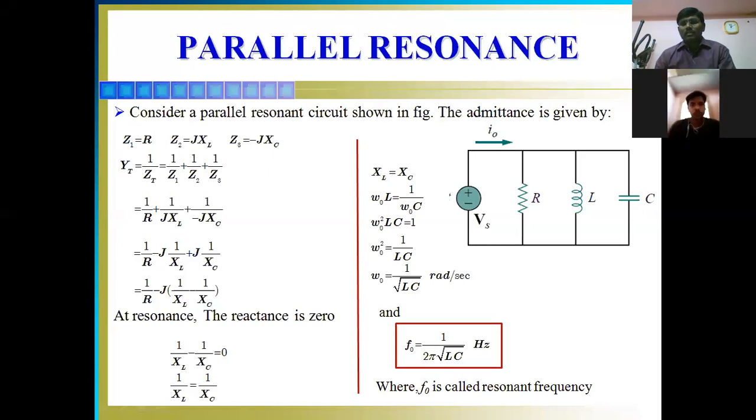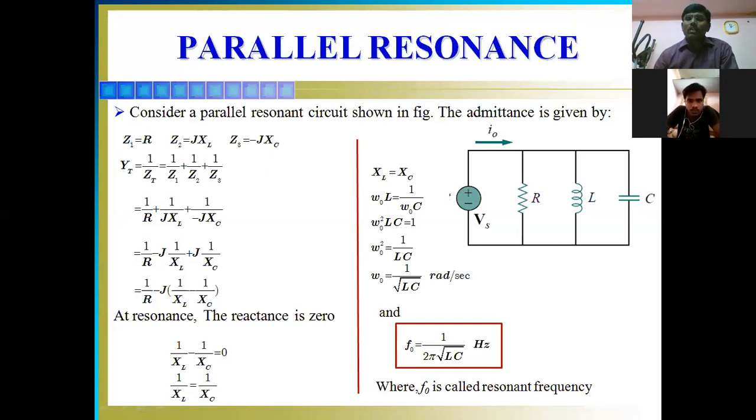In the last class, we discussed one type of parallel resonant circuit where the inductance and capacitance are connected in parallel. This circuit is also called a tank circuit.